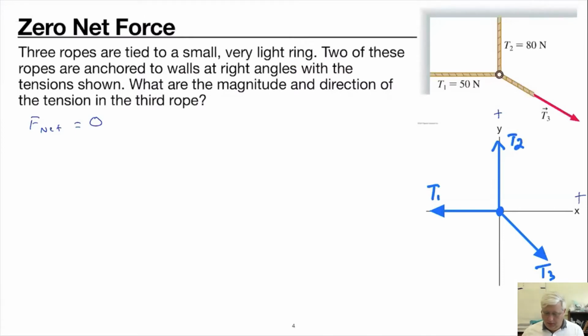T1 we know is 50 newtons, but since it's pointing in the negative x direction, we could say it's negative 50 newtons, right? Now we no longer just have a magnitude, how much tension there is, but we also know which direction. And T2, since it's in the positive y-axis, that would just be positive 80 newtons.